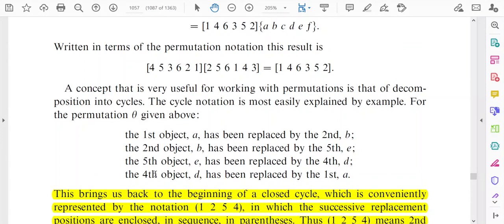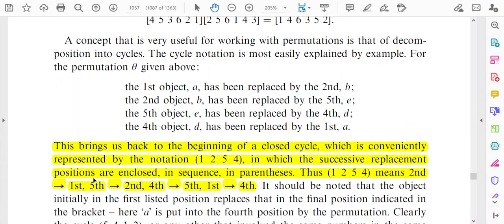And similarly, fifth object E has been replaced by the fourth, fourth object has been replaced by the first. In this way you have to write these sentences. So these sentences actually give us a cycle representation of the notation.